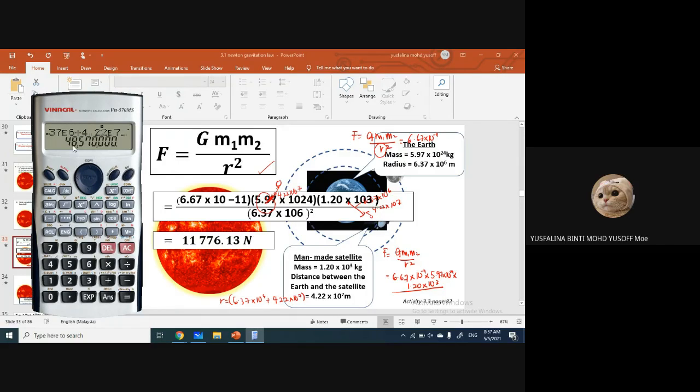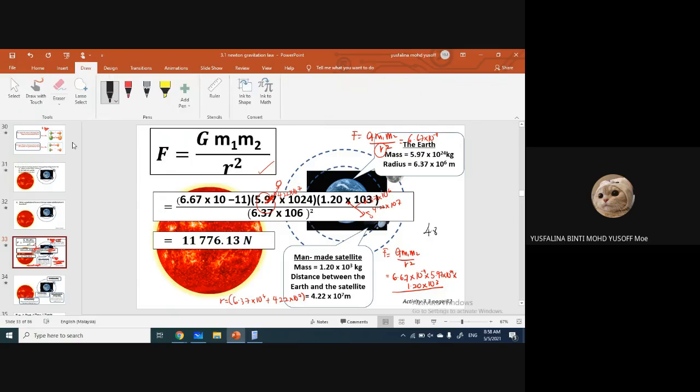So you got 4.86, let's change to the standard form. 1, 2, 3, 4, 5, 6, 7. So I take 4.86 times 10 power of 7. So that's the R.